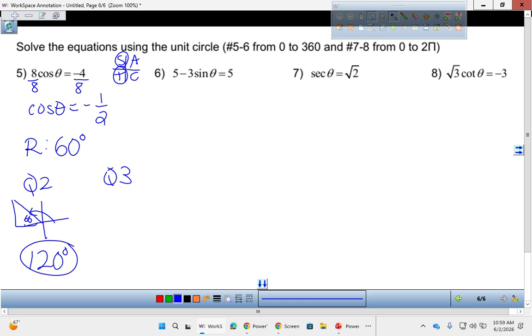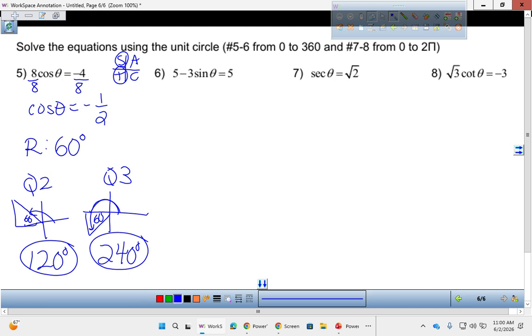I gave you the coordinate point. You're giving me the angle. Okay, the second one would be something in quadrant 3. So this is 60. I want that. I want 180 and then plus 60. So that's 240. Just remember, you have a calculator right now.